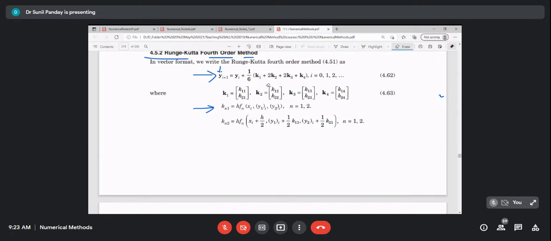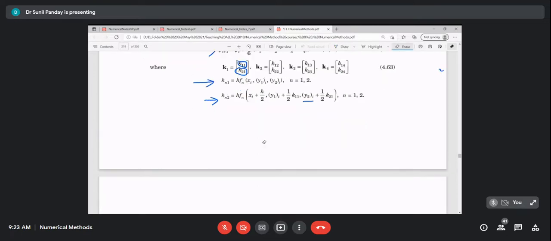Then you require kn2. For kn2, it is h of f at x naught plus h by 2, y1 plus k11 by 2, where k11 is the first entry, and then k21 by 2 in the y2 variable, because the changes in y2 are related to k21.